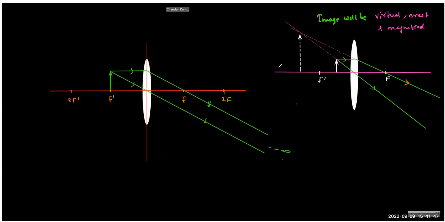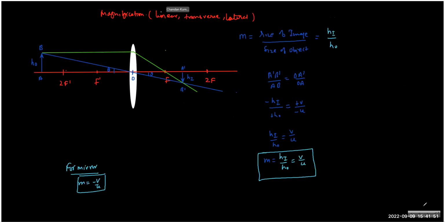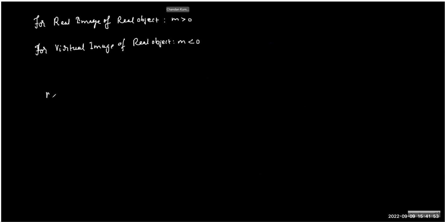So while solving a question, you will put m equals to plus 2 and solve, and you will put m equals to minus 2 and solve, because you have to take both cases. So given a magnification bigger than 1 for a convex lens, we'll have two separate assumptions because both are possible.